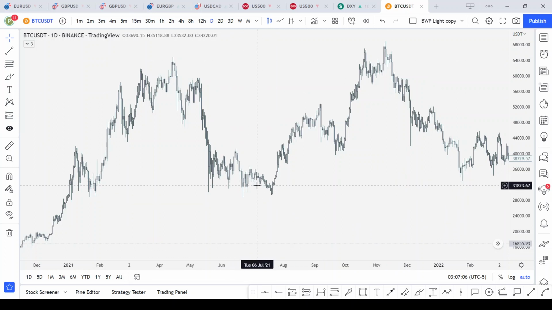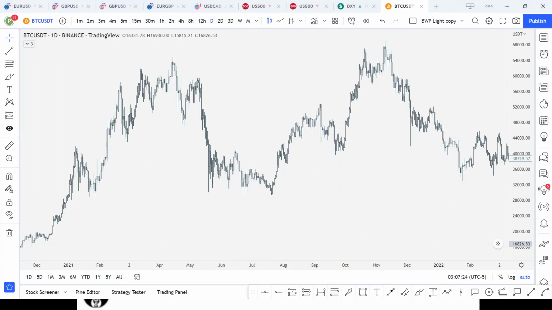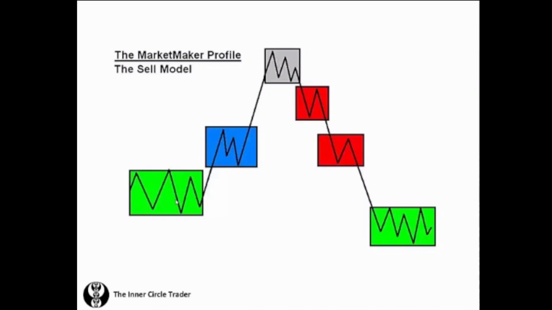I learned this model late in October. That was the first thing that made me know about ICT. Somebody posted the market maker model on Twitter.